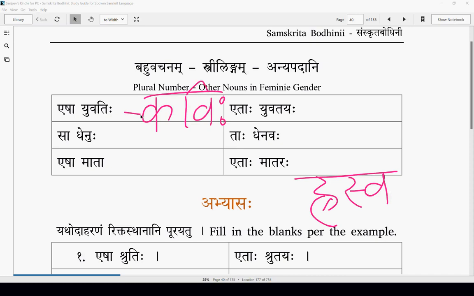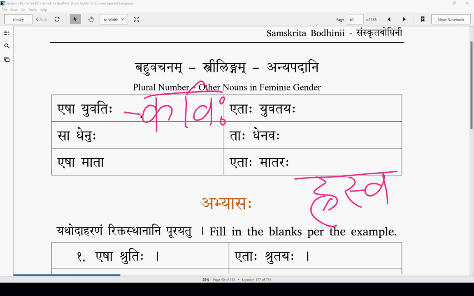Similarly, other examples for Rasvaikaranta E, Strilinga Shabda. On the Pullinga side, like Kavi, what other words did we have as examples?